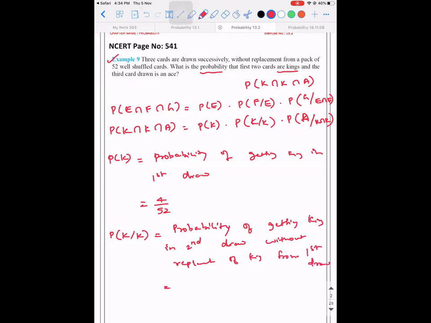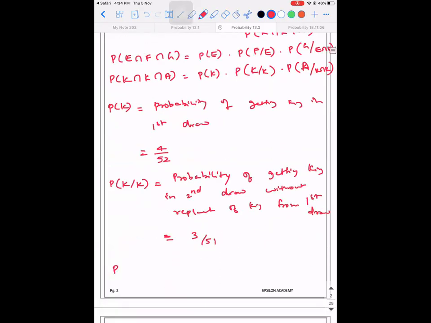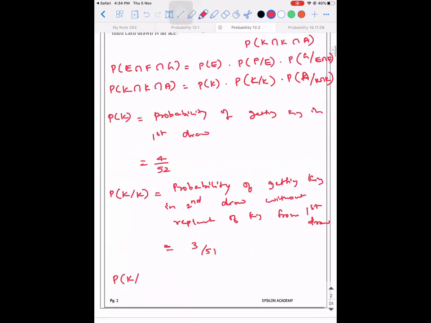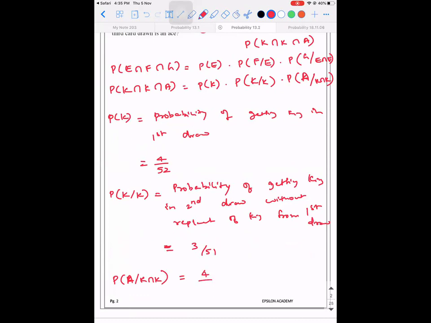It will be 3 out of 51. So what is the probability of getting an ace, knowing that the first is king and the second is king? 4 by 50. That's right. So what will be the final answer? Multiply all three, and we'll get the answer.